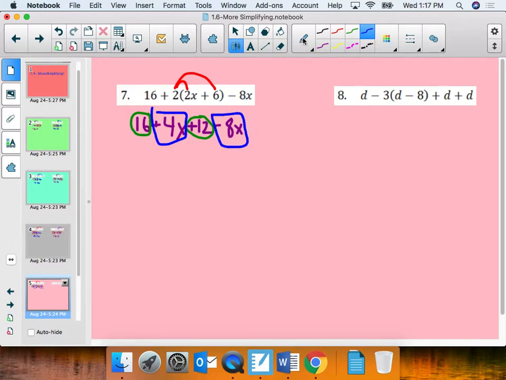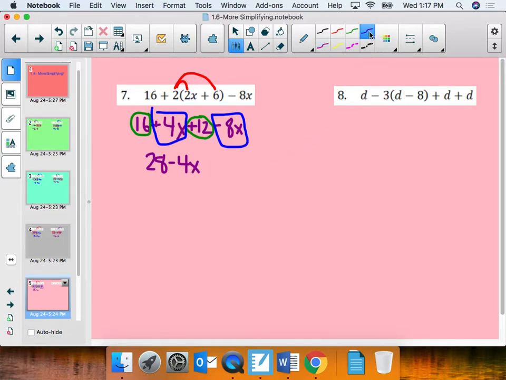So I can now combine these things that are like terms. 16 plus 12 is going to give us 28. 4x minus 8x is going to give us negative 4x. So 28 minus 4x is going to be your final answer.